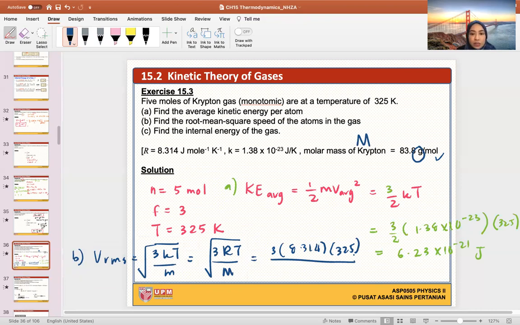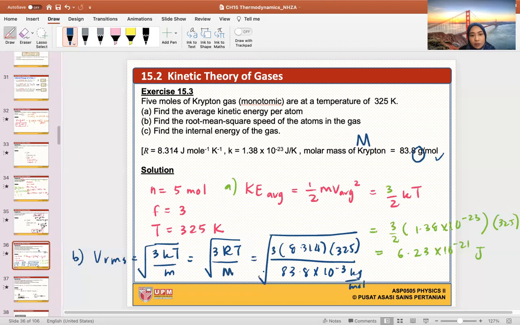You need to change it to kilograms because everything should be in SI units. So 83.8 times 10 to the minus 3 kilogram per mole. That is how you do it.